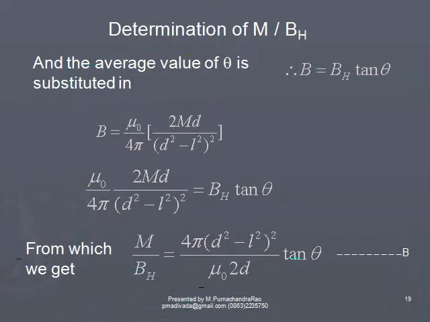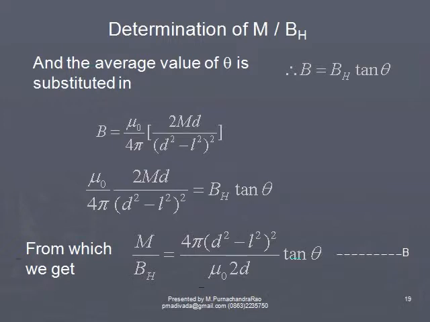From this relation, by rearranging, we get M by BH is equal to 4 pi into (d square minus L square) whole square divided by mu naught 2d, multiplied by tan theta.